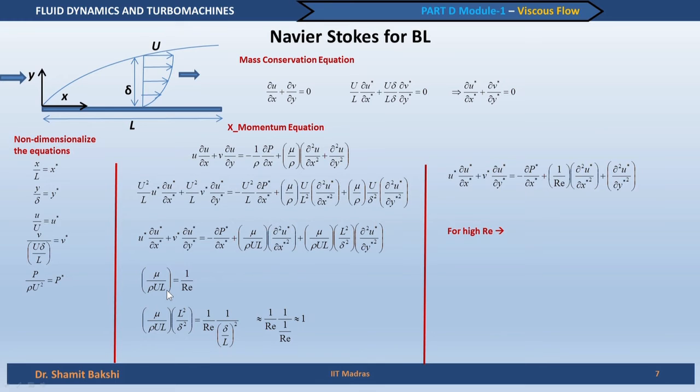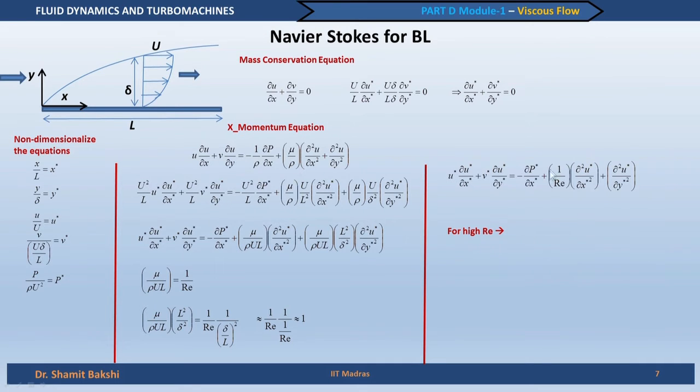This Reynolds number which appears here is not the Reynolds number at a particular station, it is the Reynolds number with the length scale of the length of the plate, rho u capital L by mu. For a very small plate, it becomes like a small object and this equation does not apply, but for any finite size plate, the Reynolds number will come out to be 100 or so.